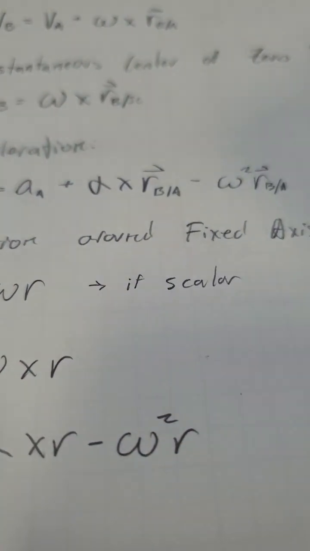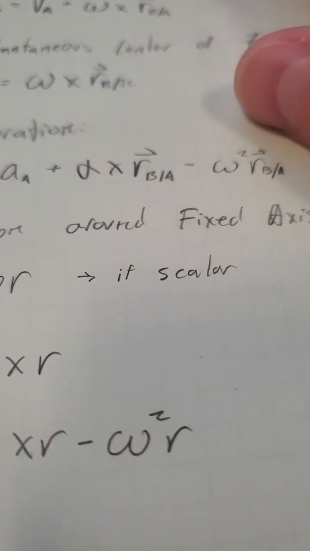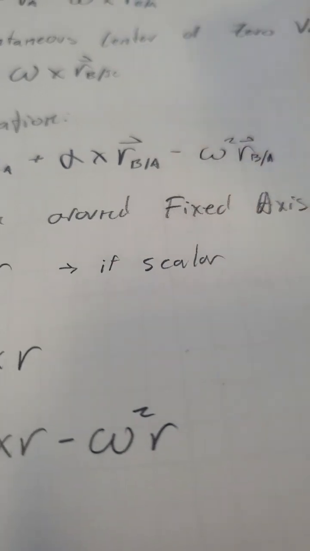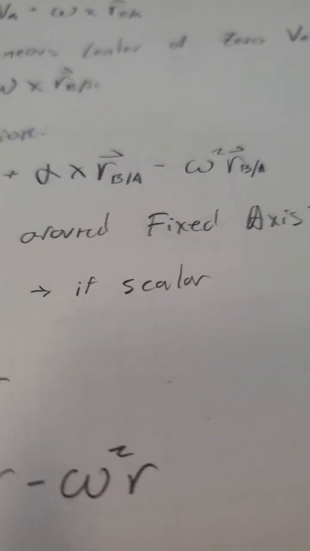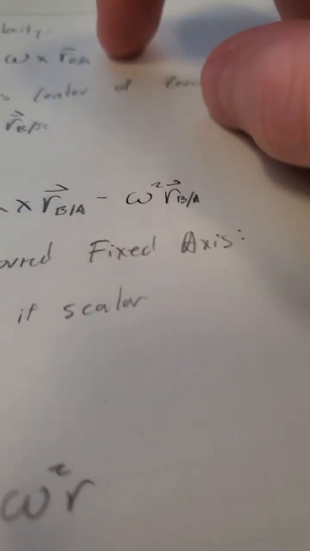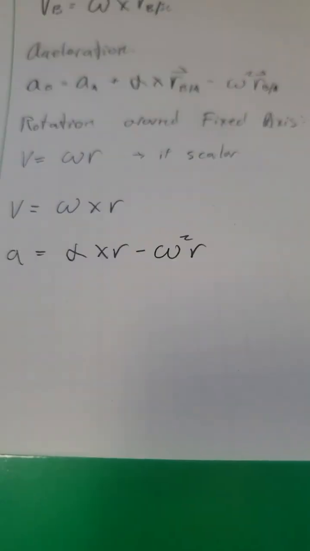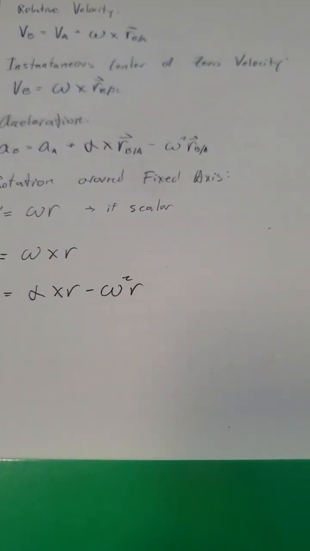If it's only moving in the x direction, the y components are going to equal 0. That allows you to solve for the angular velocity of the second part that's moving, and then you can plug that back into the y direction to solve for the actual velocity itself at that point. So it was just a little bit different, kind of like a mixture of statics and kinematics, obviously.